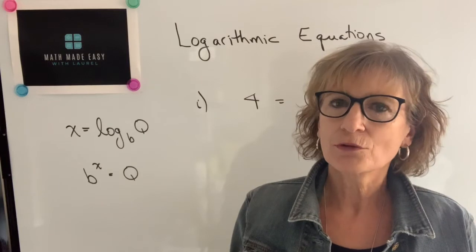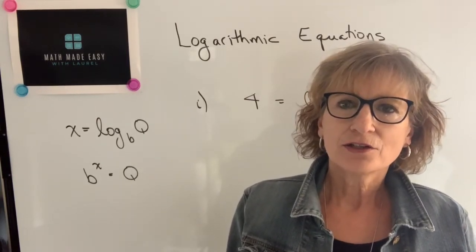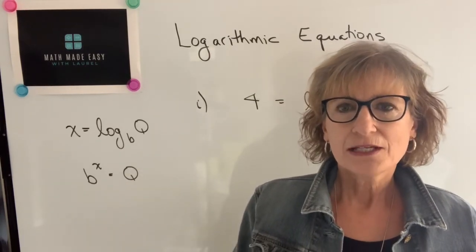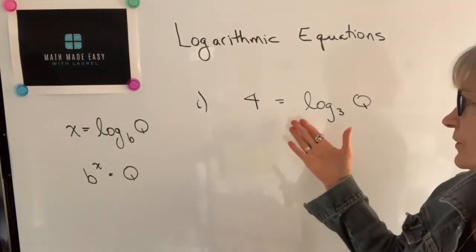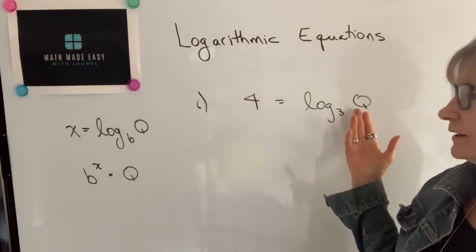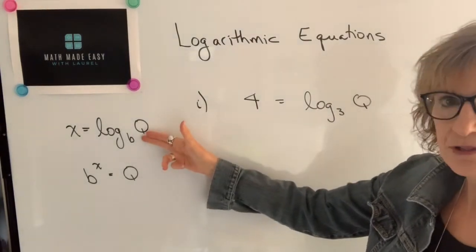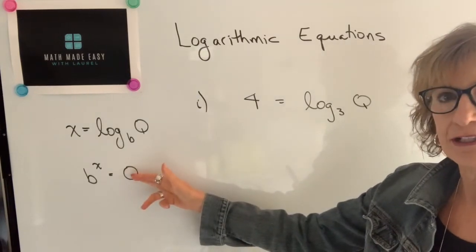So basically a logarithmic equation is an equation that contains an unknown in the quantity part of the logarithm. An example of that we've kind of already done. We learned that we could find this quantity. And the way that I suggested you do it is you go from log notation to exponential notation, and then that isolates your quantity, or the q.